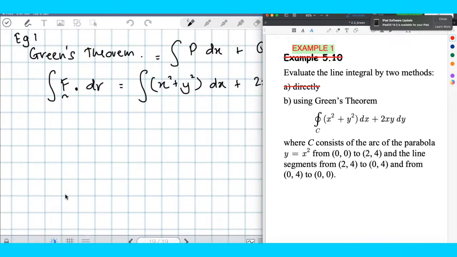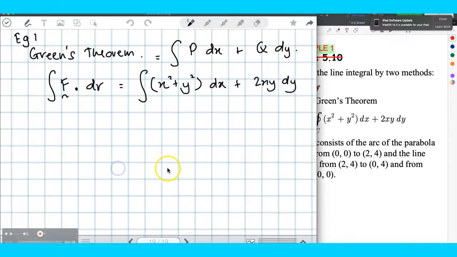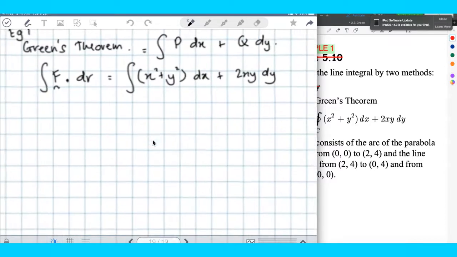Then you have to know which one is p and which one is q, because using the formula you have qx minus py. So you can say that p is x squared plus y squared, and q is 2xy.